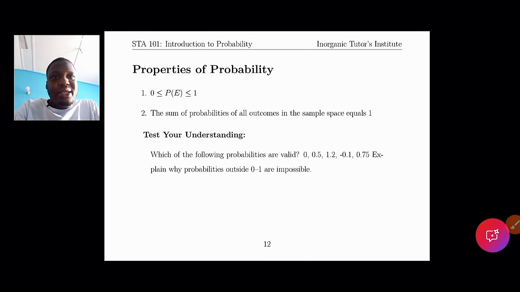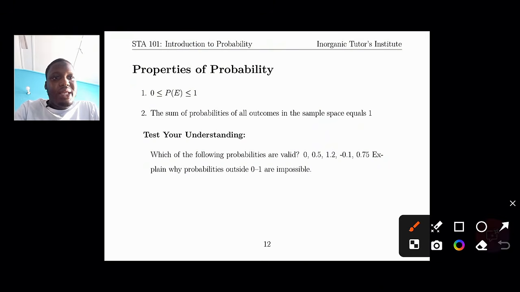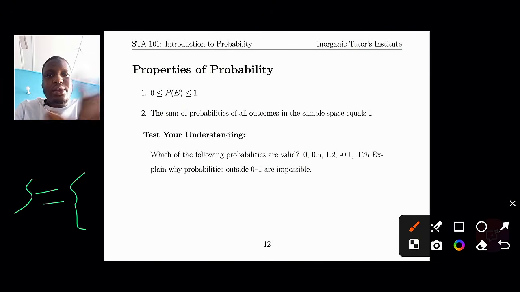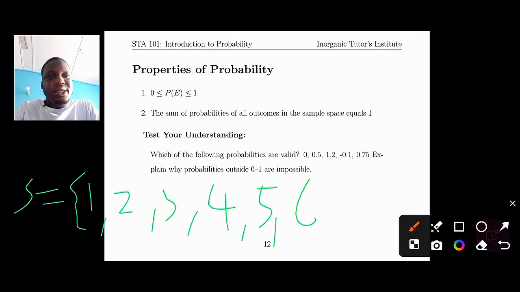Now the second property says the sum of the probabilities of all outcomes in the sample space equals 1. Let me do a very small illustration here. So let's say the sample space of rolling a die: you have 1, 2, 3, 4, 5, and 6.